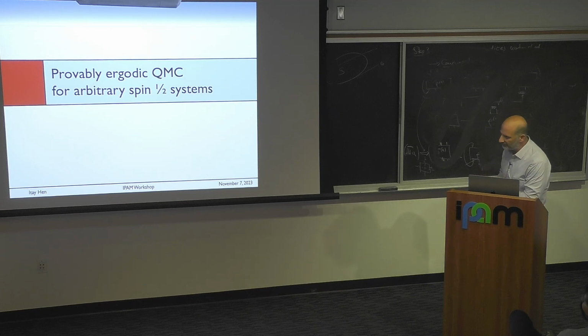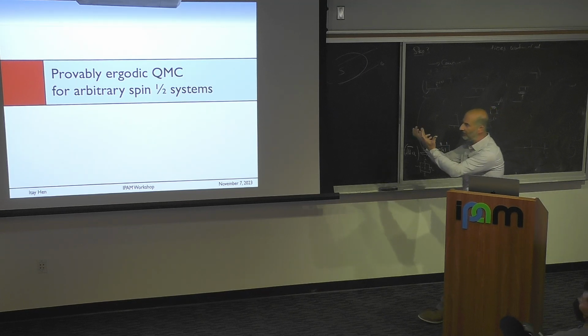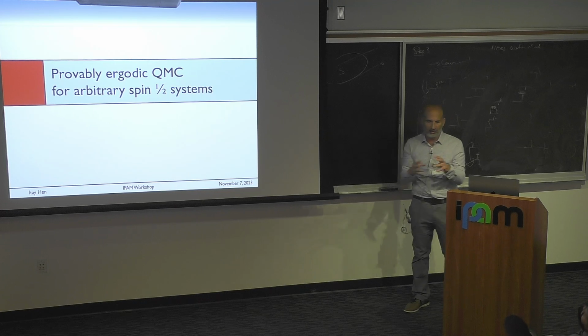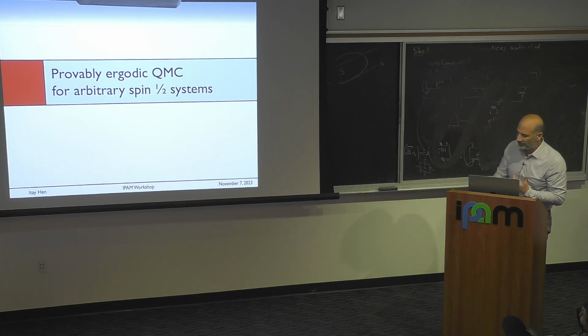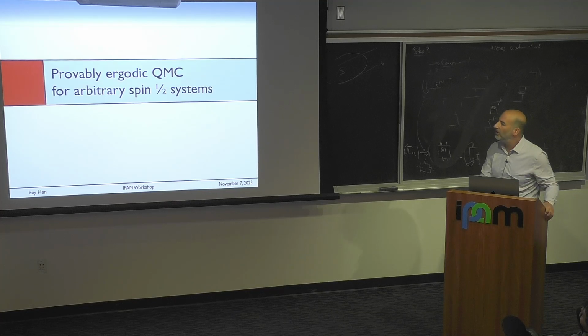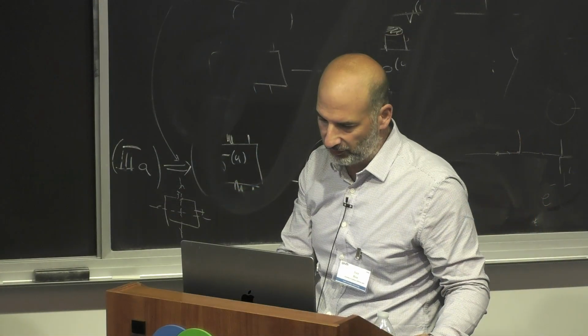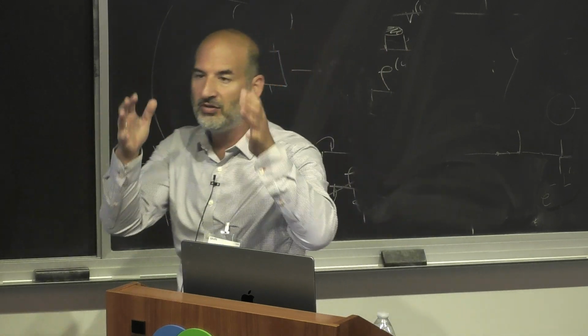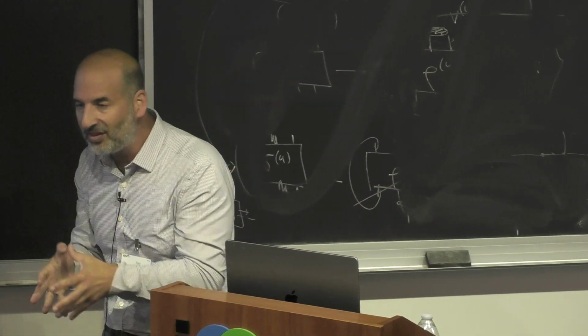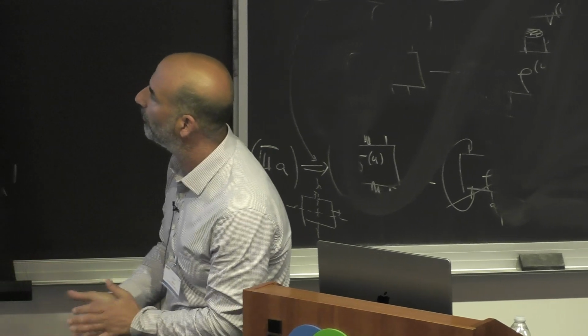How can I use this decomposition of the partition function to generate a provably ergodic Markov chain, which is what I'm after? Whatever Hamiltonian you give me, I want to give you a single algorithm that will solve the problem.